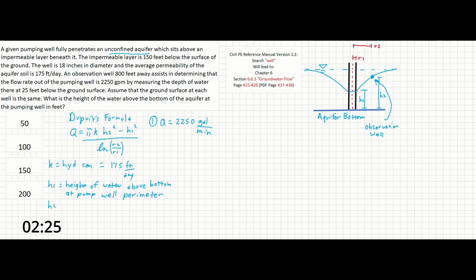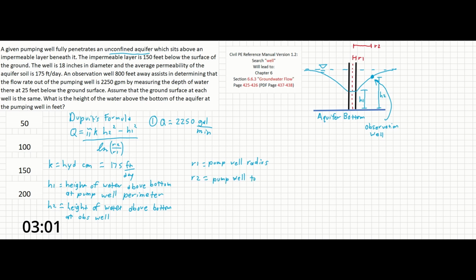H2 is the height of the water above the bottom at the observation well. R1 is the radius of the pumping well. And R2 is the radius from the pumping well to the observation well.